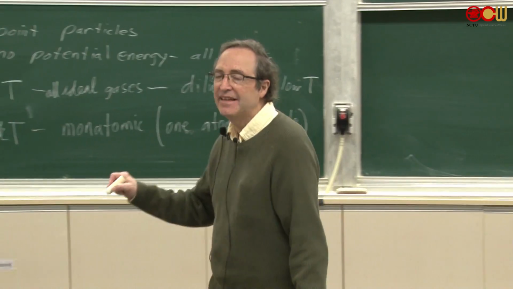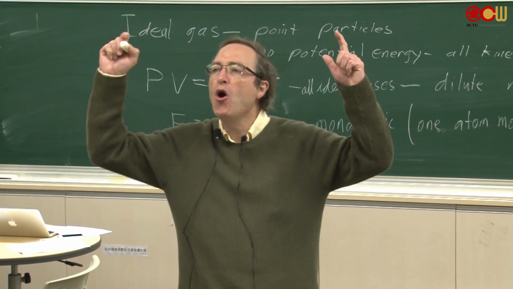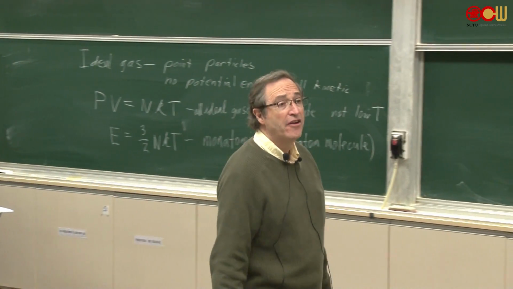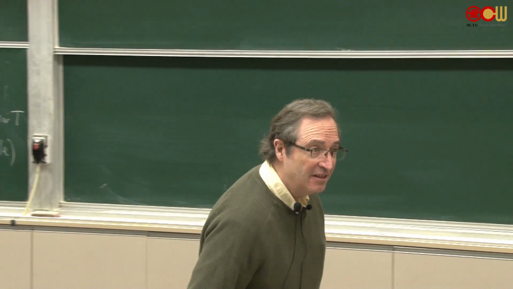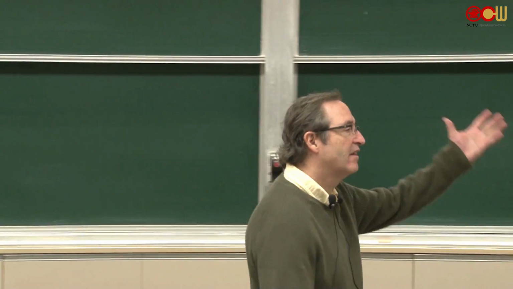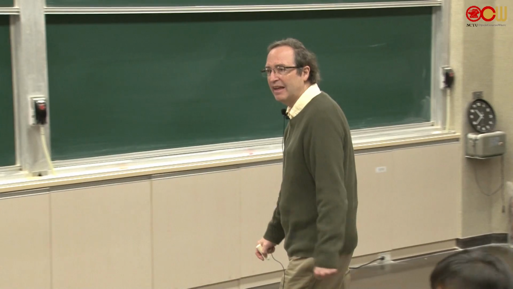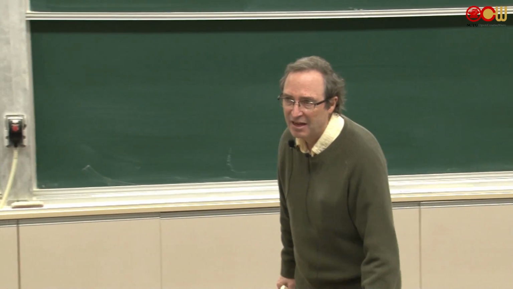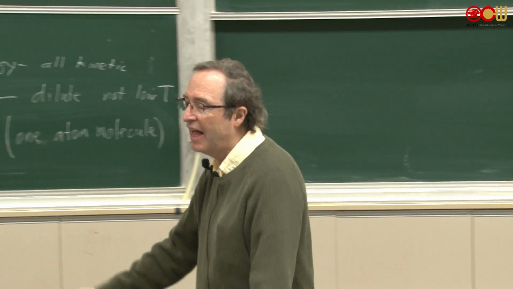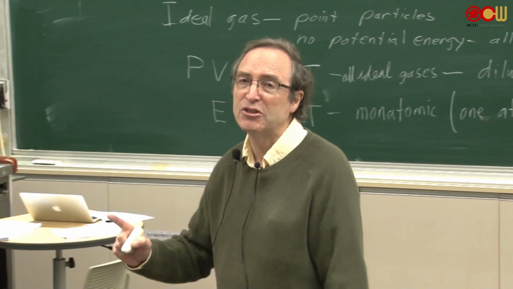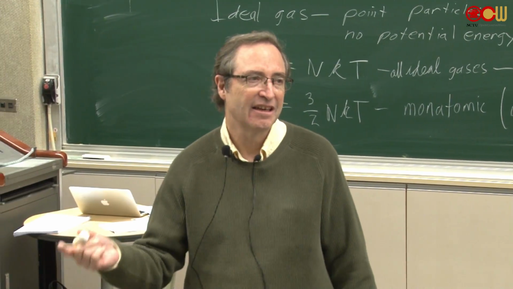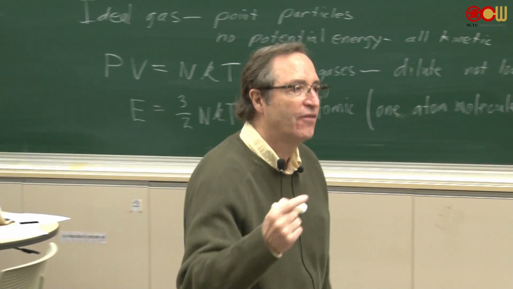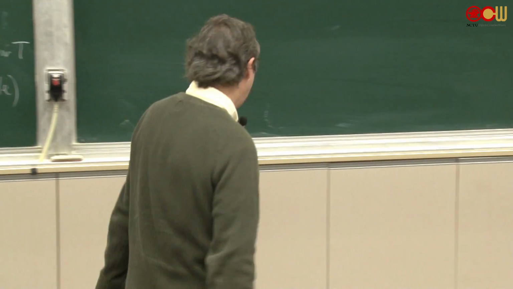So the gases made up of the so-called noble gases, they're all monatomic. Other gases like oxygen, nitrogen, air, which is a mixture of that, and most other gases are not monatomic. Nevertheless, at certain temperatures, they act as monatomic. And we'll talk about how to deal with that later today.